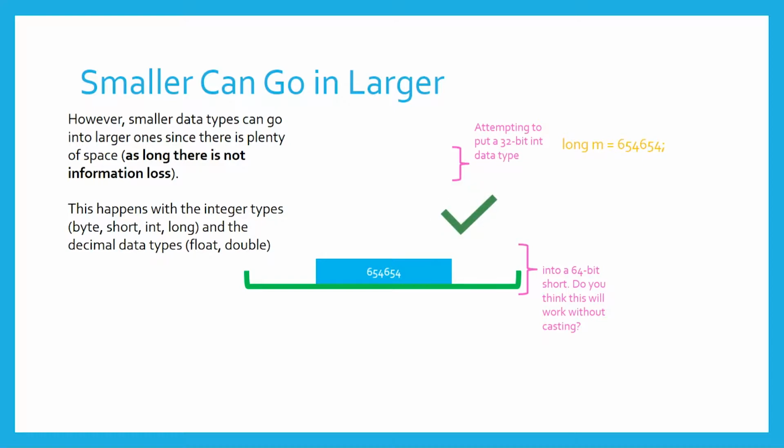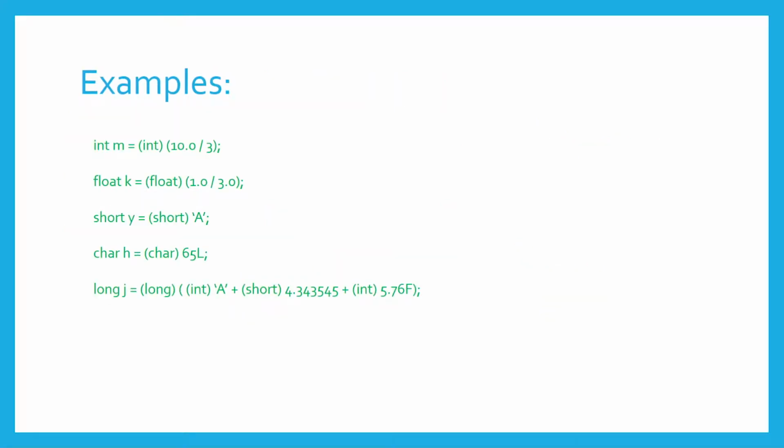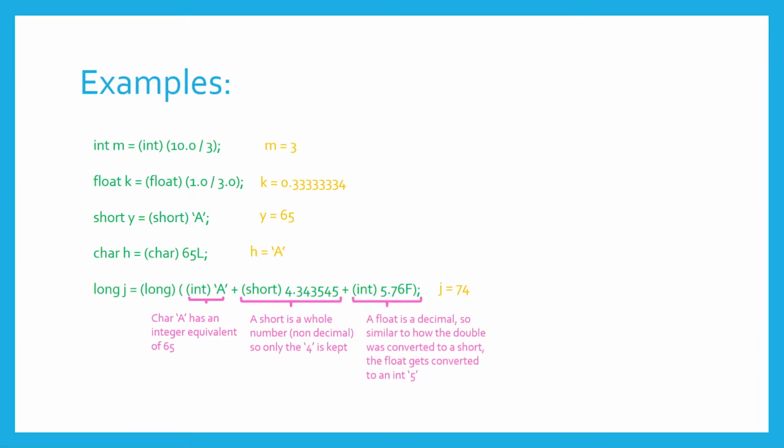For the integer data types, a short can go into an int, which can go into a long, and a float can go into a double. Also note that you can cast inside of math equations. So for example, when calculating an equation and converting to a long, you can turn chars into their numeric equivalent, you can turn a double into a short, and you can convert a float into an int.